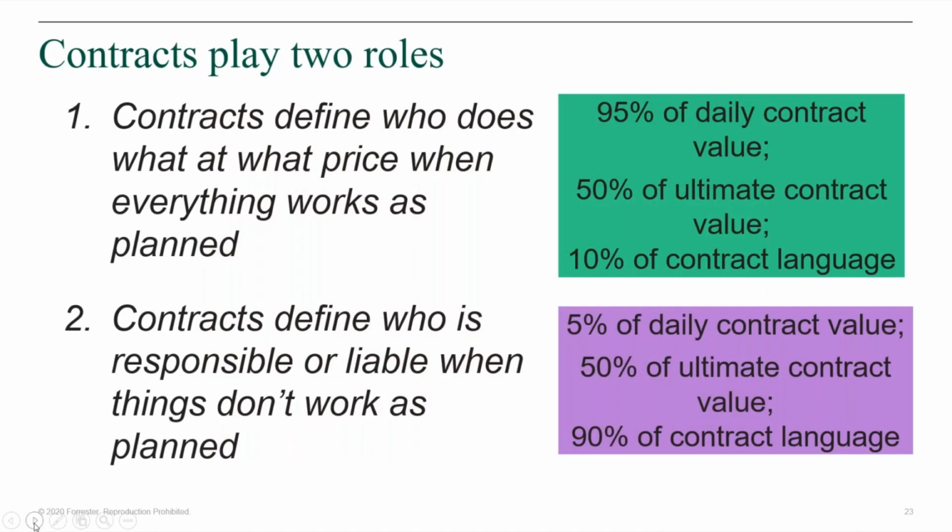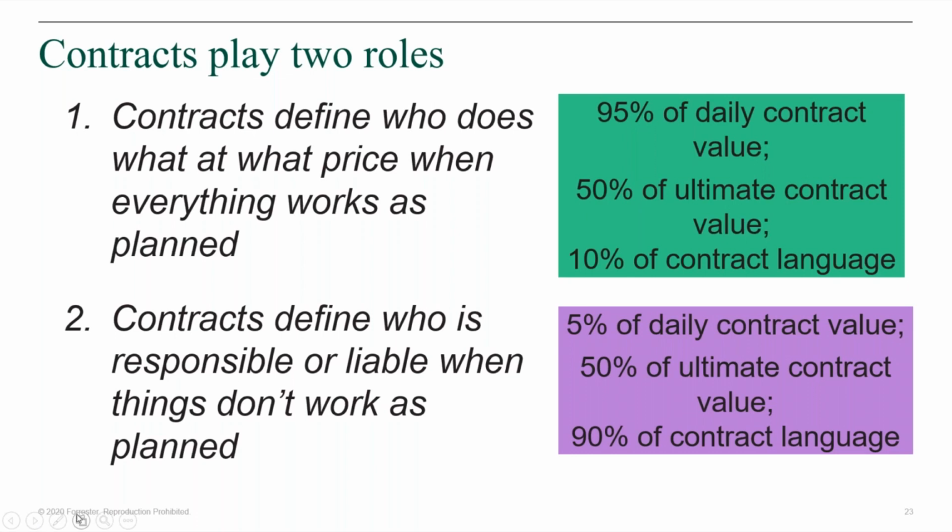Now, before we get deep into contracts, there's one key point to remember about contracts. And that's that they play two very different roles. The first role that contracts play is to define who does what at what price when everything works as planned. And on a day-to-day basis, that's most of the value of contracts.